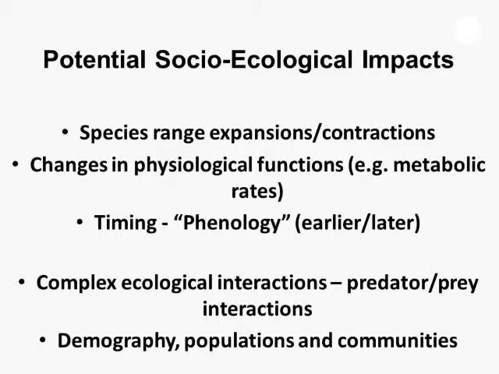Those changes are going to affect the demography, the vital rates, the reproductive success, the survival of populations, and ultimately communities and the structure of those communities. What we're seeing right now is that there really are changes in community structure more so than changes in, let's say, the absolute abundance of many populations.